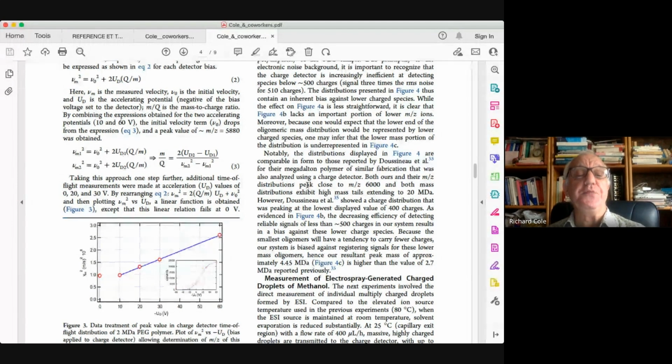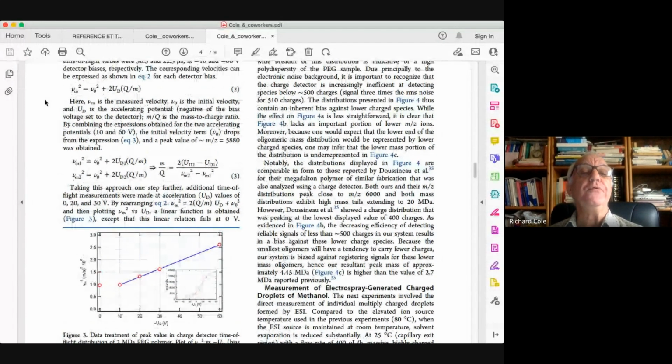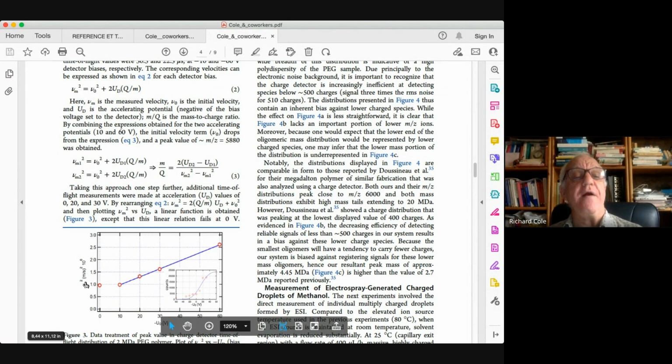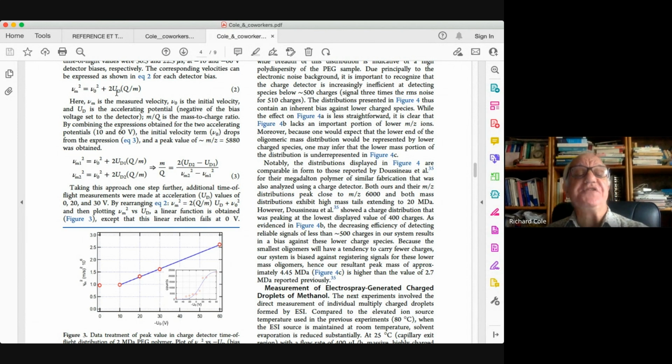Basically in this plot, we're considering this to be the equation of a line, and we want to put it in a y equals mx plus b form, and our y is the measured velocity squared. That's our y-axis over here. And then our x-axis is minus the accelerating voltage, minus UD here.